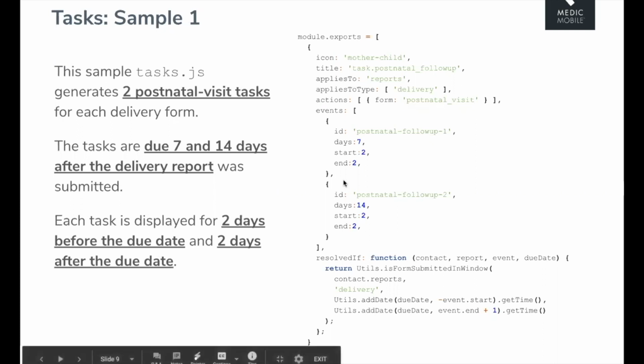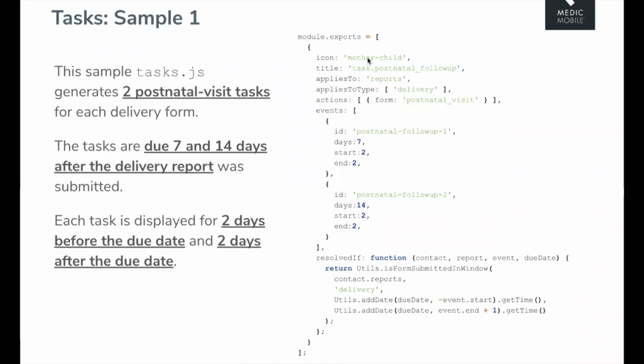So in this case, you have your property icon, which is shown there, mother-child, because it's a postnatal visit, meaning this is someone who delivered, very likely have a child. And so it's something that happens after that and involves mother and child.